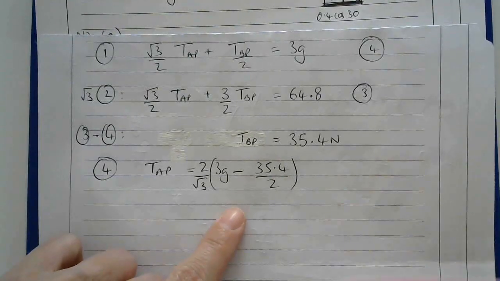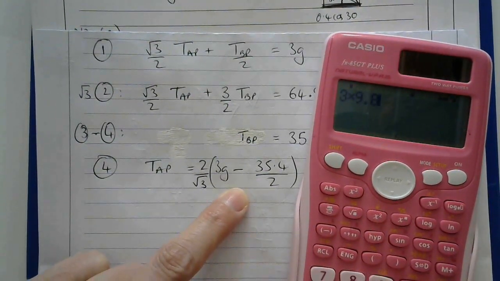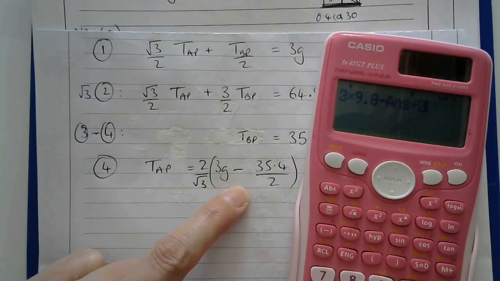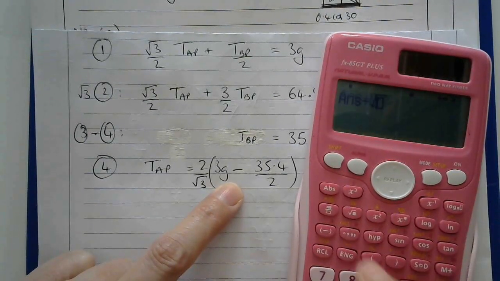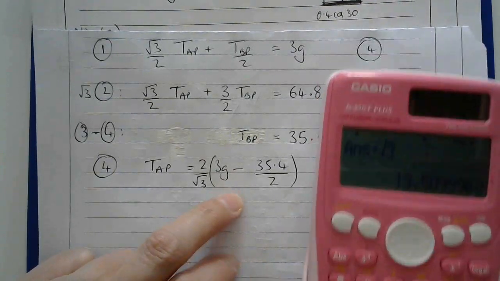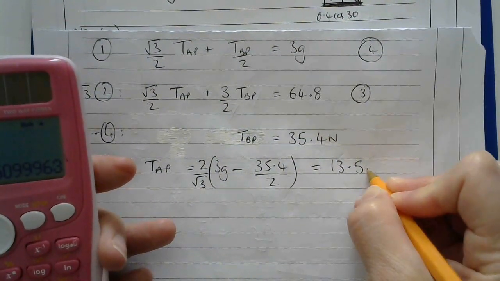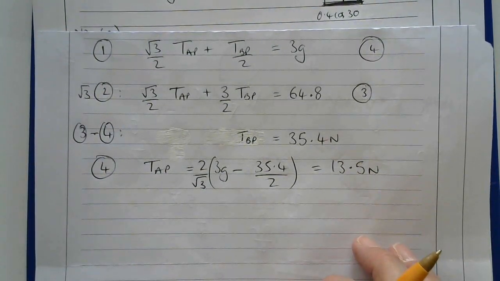So then I can just pop all of that in my calculator. So I've got 3 times 9.8 minus the last answer that I got divided by 2. That gives me what is in the brackets, times by 2 divided by root 3. And I get this, which is 13.5 newtons to 3 significant figures.